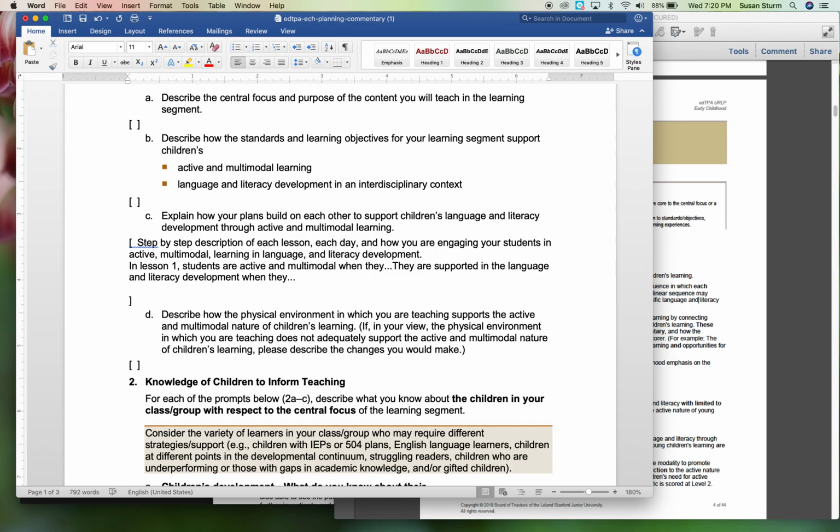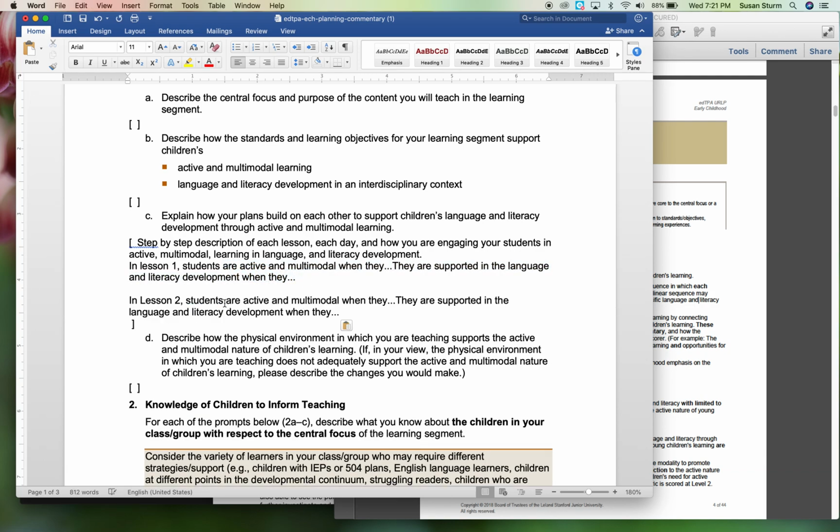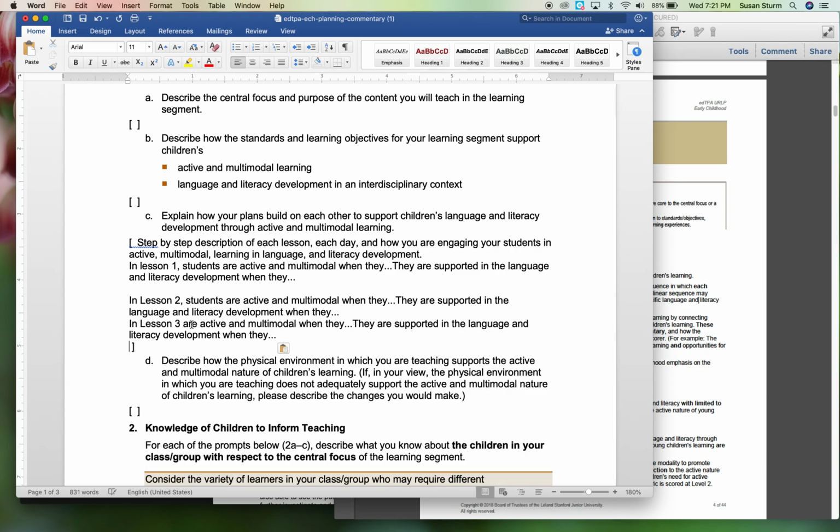And then you're going to do the same thing in lesson 2. Students are active and multimodal when they, and you're going to go lesson by lesson, explaining how your students are doing all of these things.